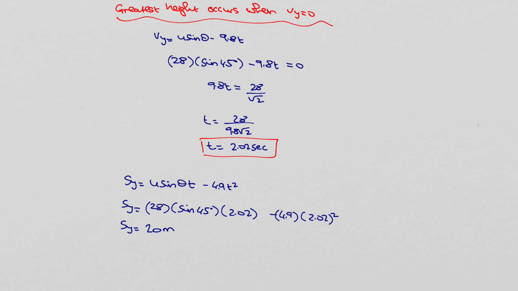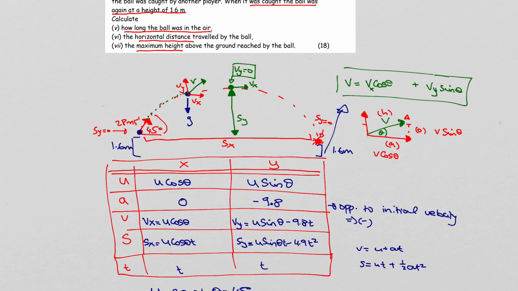But if we go back to our diagram, we have to remember, if I mark it over here in purple, that it actually started 1.6 meters above the ground. So we have to say, well, it's actually the maximum height above the ground, not above the person's hand. We've just found sy is 20 and we know it started 1.6 meters above the ground.